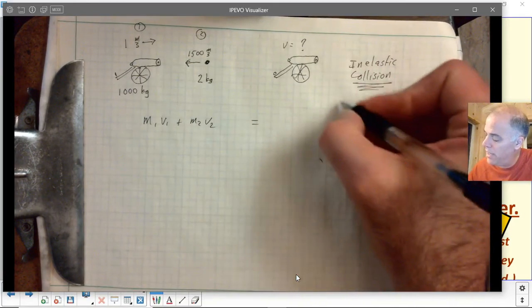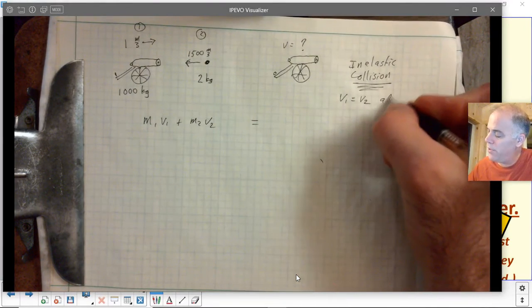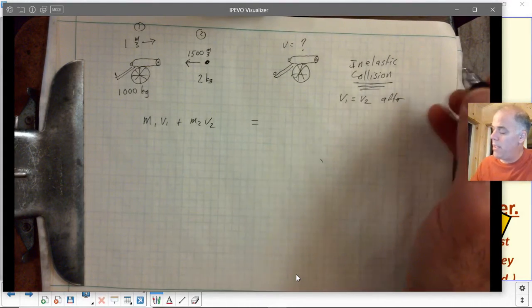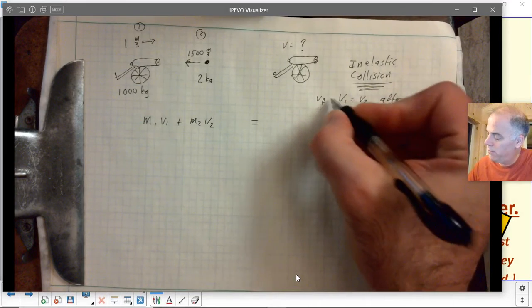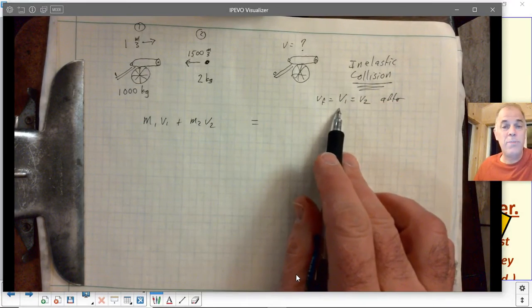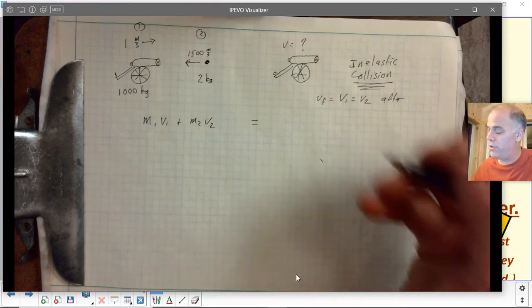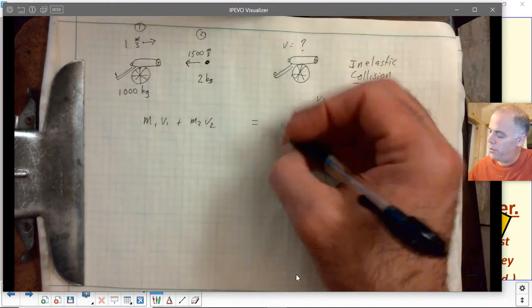In other words, since it's inelastic, v1 equals v2 after the collision because they've stuck together. So we can call those v final. V final is the speed of the first object and the speed of the second object because they're the same.